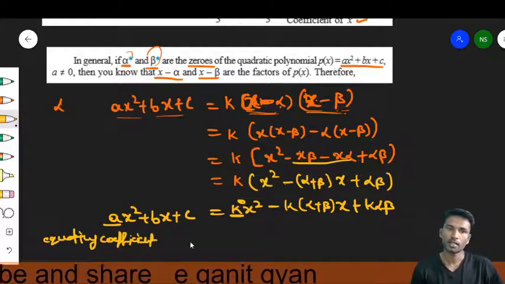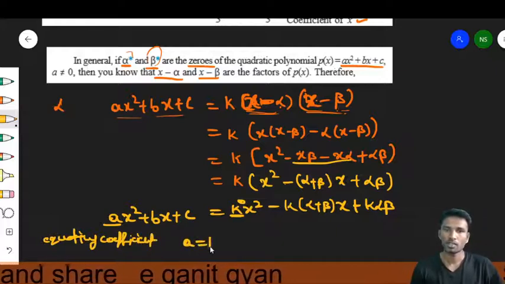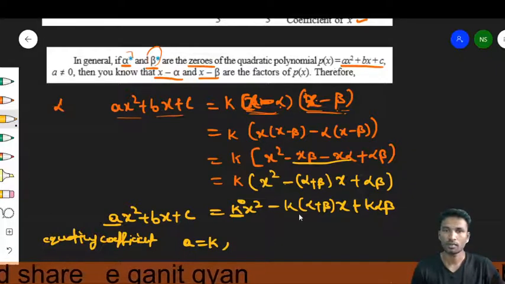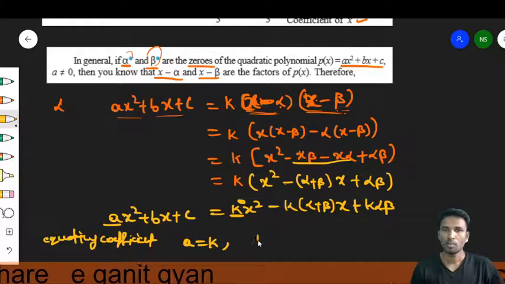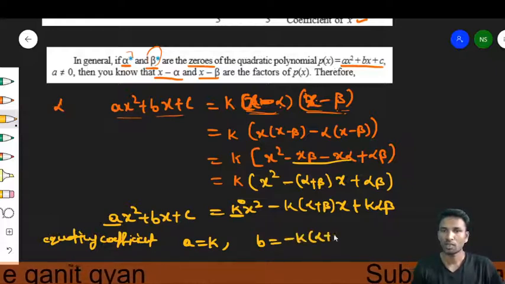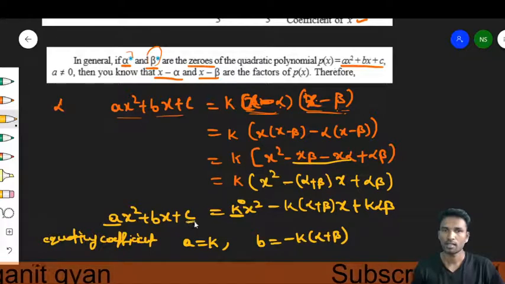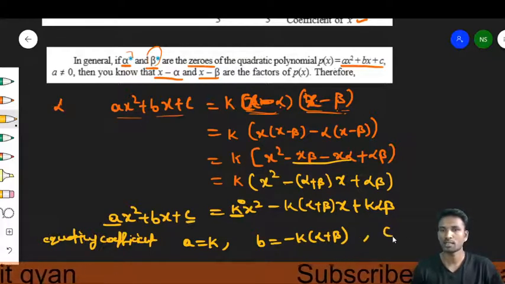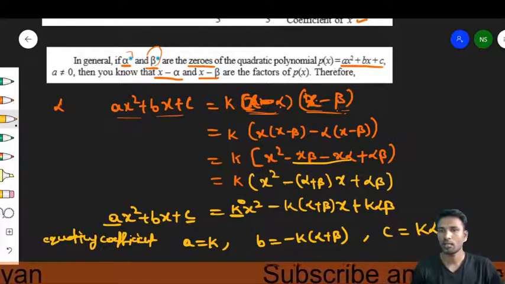So what will I get? a is equal to k, I got one thing. Then here I can write b is equal to minus k into alpha plus beta, and c is equal to k alpha beta.